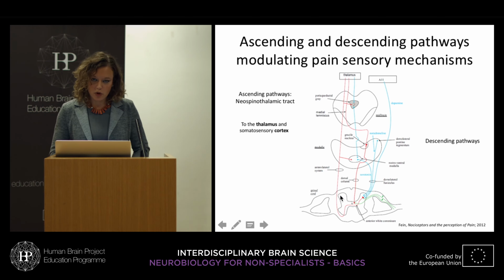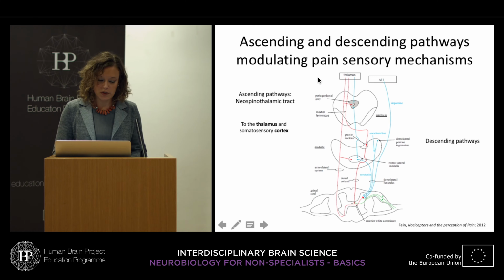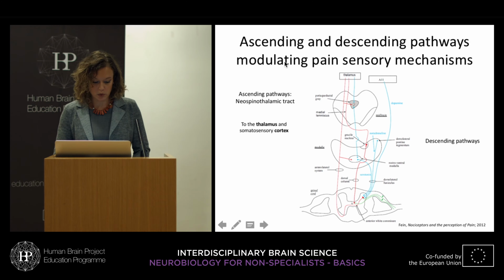Now I will give you a short overview of the different pathways that modulate the pain sensory mechanism. In general, we can say that there are two pathways: the ascending pathway and the descending pathway. The ascending pathway is the one that we know.